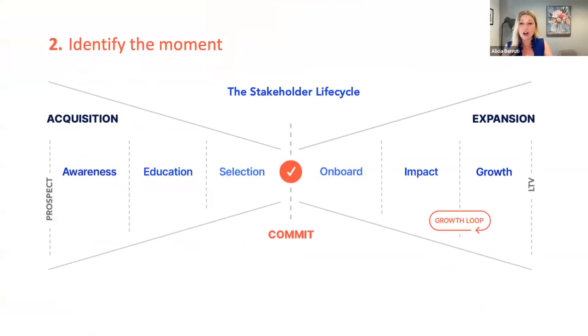So again, I bring you back to the bow tie funnel so that you can identify these moments. All right. And you're going to list these out for each stakeholder. Okay. So if you are a lender, then you're going to list this out for your clients, your potential clients, as well as for maybe your referral partners, your realtors, because they have different moments across that life cycle that matter, right?